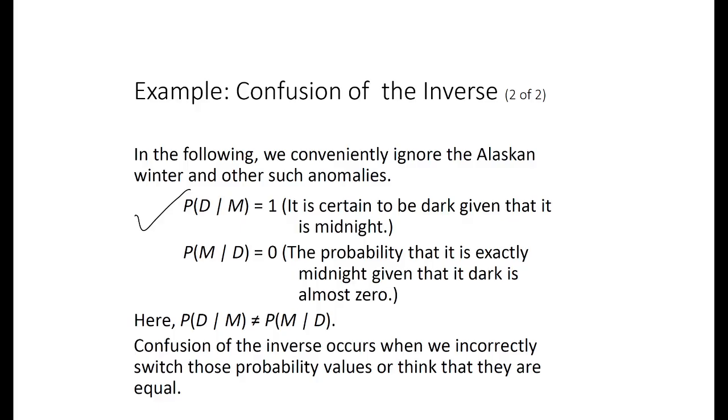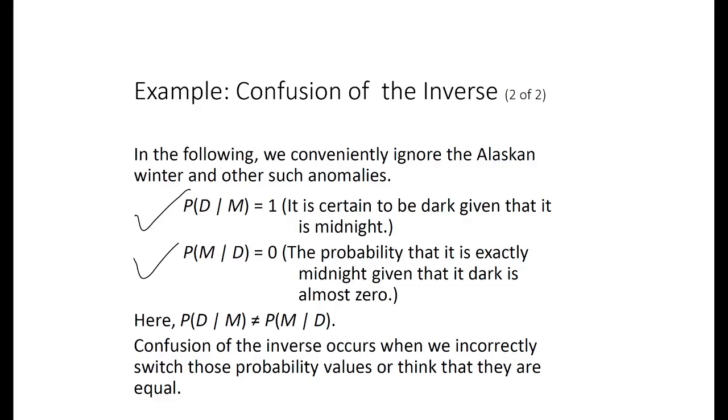Only at one specific time is it midnight, so the chance is very low. Practically we can say it's 0. The probability that it is exactly midnight given that it is dark is almost 0. It's not 0, but it's almost 0.